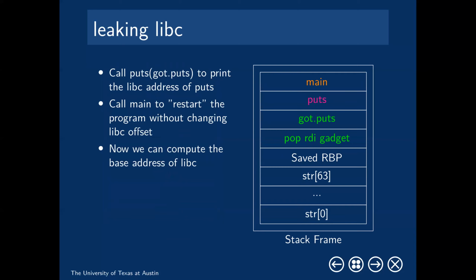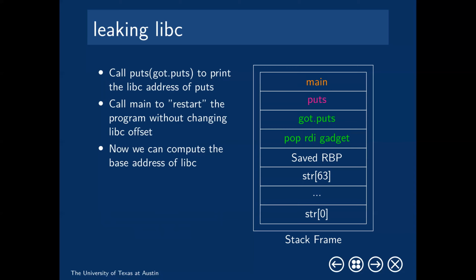So yeah, this is essentially what our ROP chain does. We call puts of got.puts, which is going to print the libc address of puts, and then we immediately call main, right? The reason we call main is it essentially restarts the program without changing the libc offset.